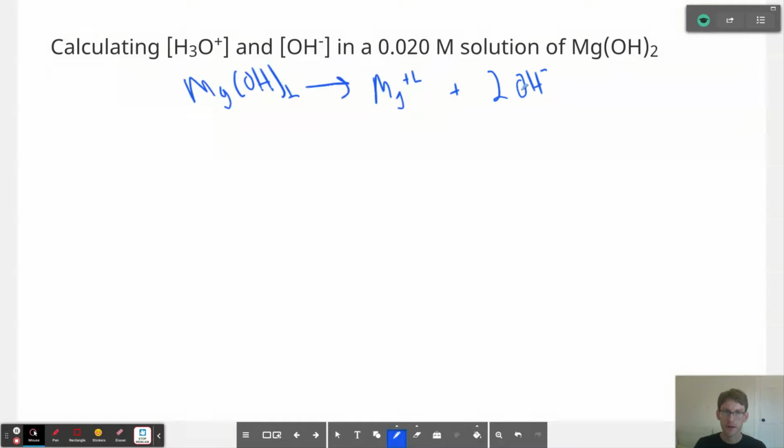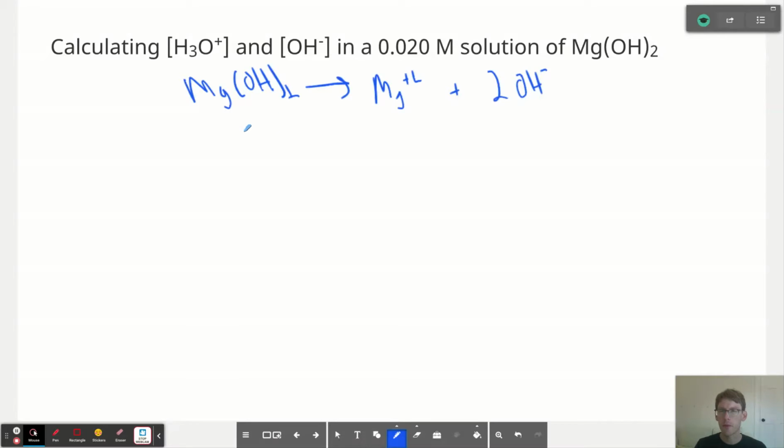I'm skipping the phases here, but these are aqueous ions and this is a solid. So we know that we start off with 0.020 molar Mg(OH)2, magnesium hydroxide.